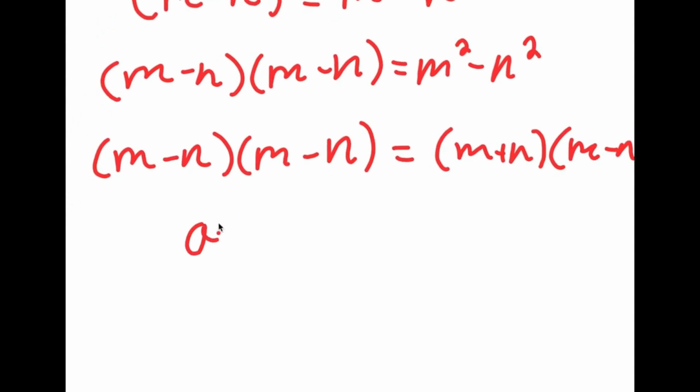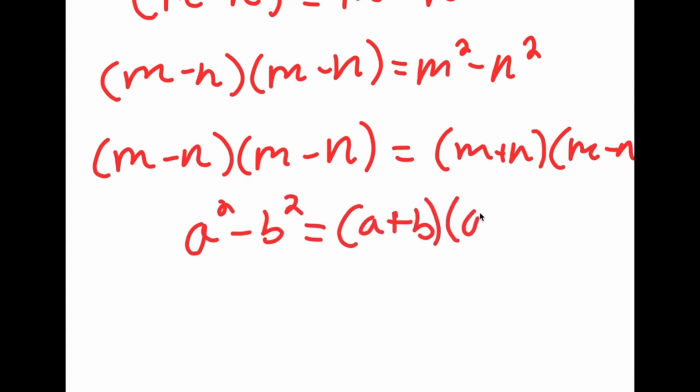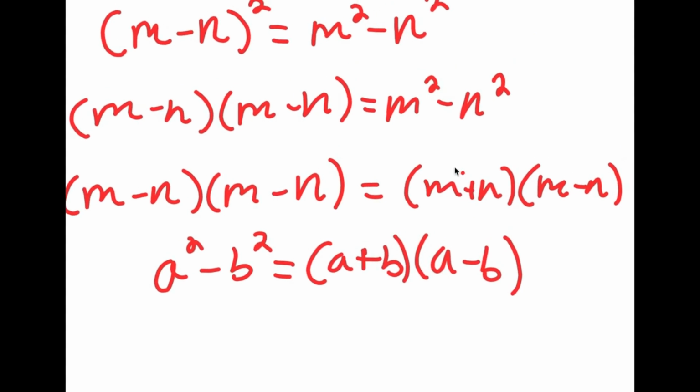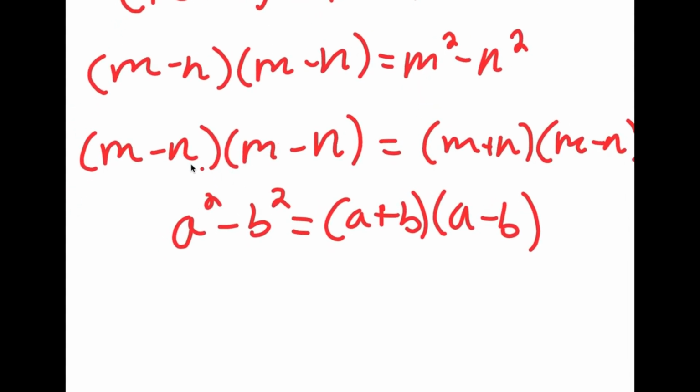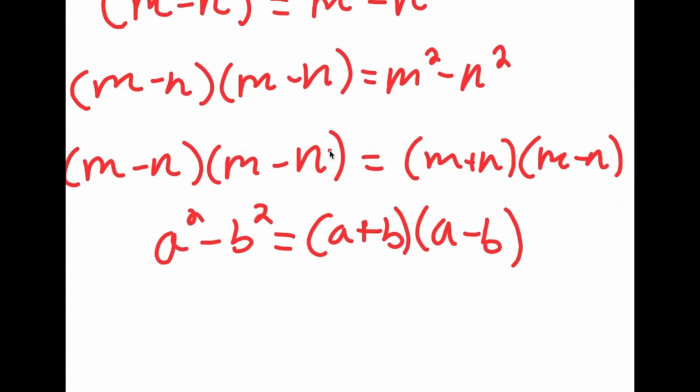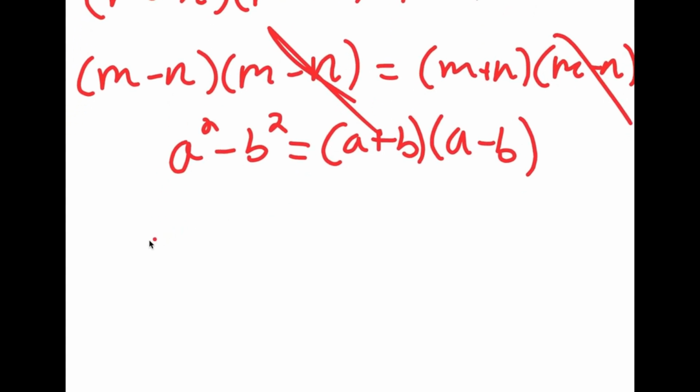Because if I have something in the form a² − b², this is equal to (a + b) times (a − b). So now, as you see, we can simply divide both sides by m − n, and cancel these two out. So now I'll be left with m − n is equal to m + n.